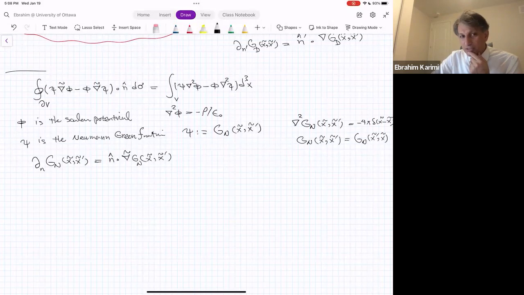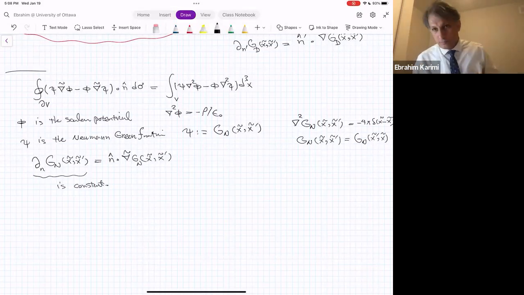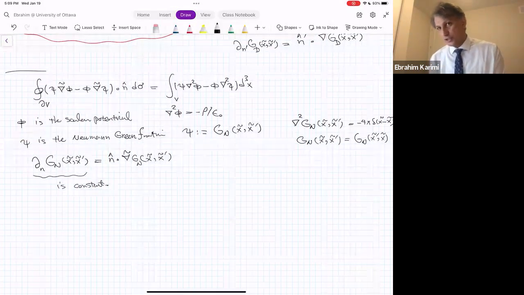We have to go with the condition that the derivative of G_N at the boundary is constant. It looks like electric field, right? So at the surface, when we are talking about normal, you may have a charge distribution and normal to the surface the electric field is existent. All right. So that's the condition that we do have, that the derivative of G_N at the boundary is constant, is not 0 like Dirichlet.